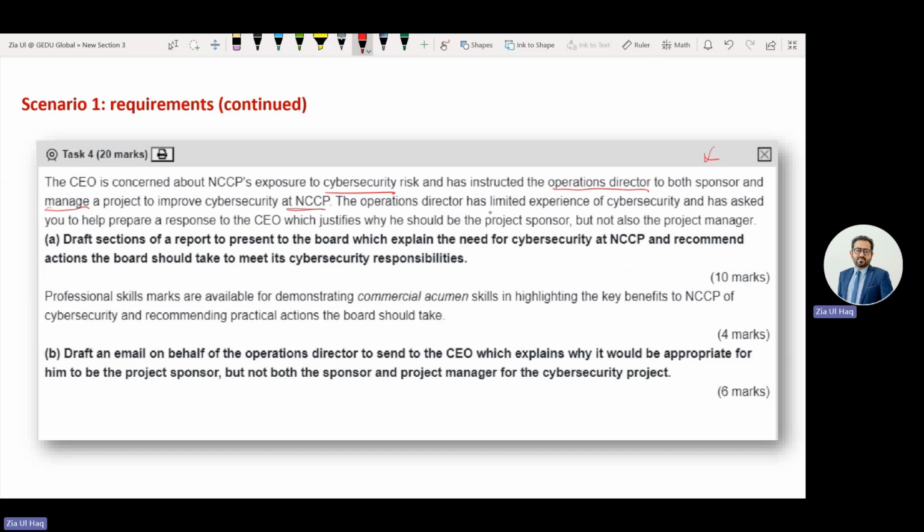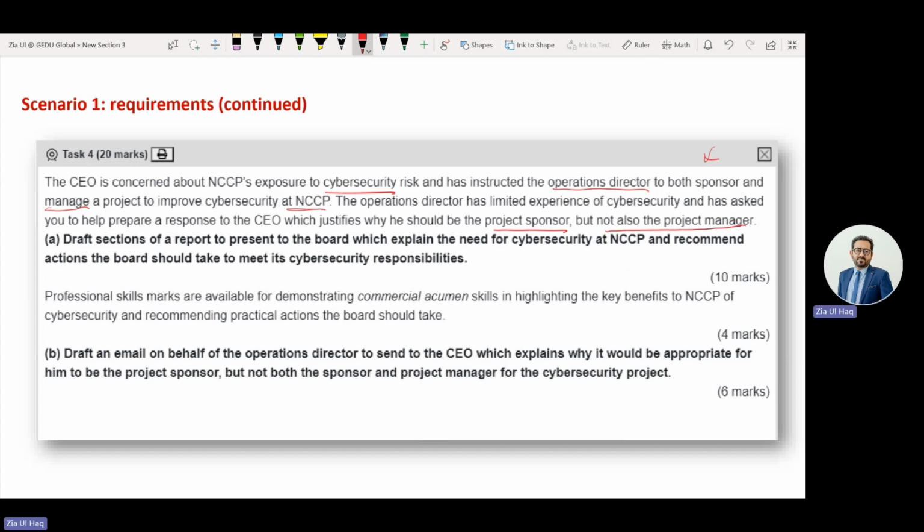The operations director has limited experience of cybersecurity because he is working in operations. He doesn't have IT skills and has asked you, the management consultant, to help prepare a response to the CEO which justifies why he should be the project sponsor, but not also the project manager.